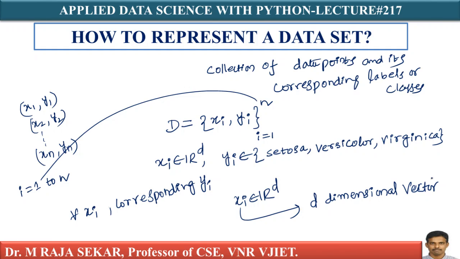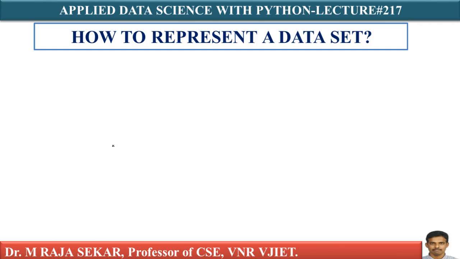In the case of the iris data set, we had 4 features. Just try to recall our iris data set. We have 4 features, therefore xi belongs to R^4. Which means for every data point, for every flower, you have taken 4 real values.